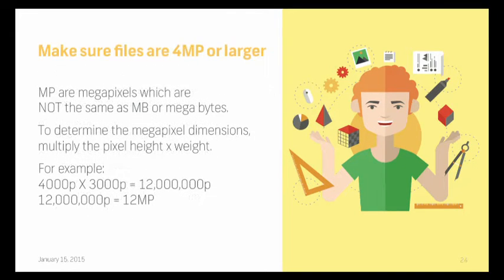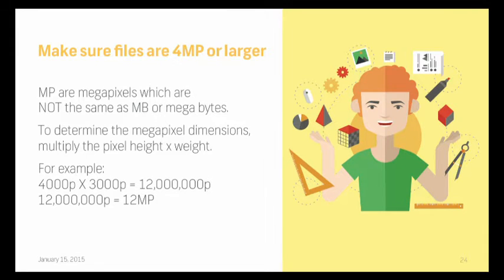So let's talk about first making sure your files are larger than 4 megapixels. Megapixels are not to be confused with megabytes. That's something that I know a lot of people I've worked with do get mixed up. The pixels are actually the colored dots that make up the image. Megabytes, of course, are the file size itself, the sort of RAM it takes up in your computer.